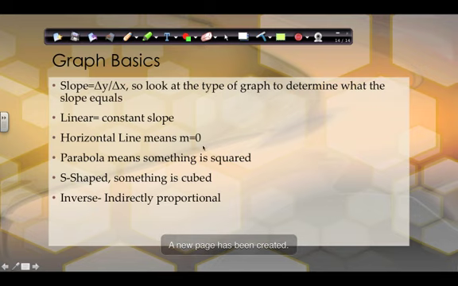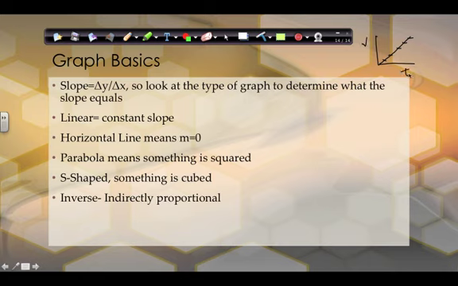Okay, now with your line, if you have a linear relationship, this is what you're going to see, something like this. A straight line is a linear relationship. It shows a constant slope, so the slope should be the same at every single point. If I have a VT graph like this, that means I have a constant slope, and my slope here is equal to acceleration, so my acceleration is constant.